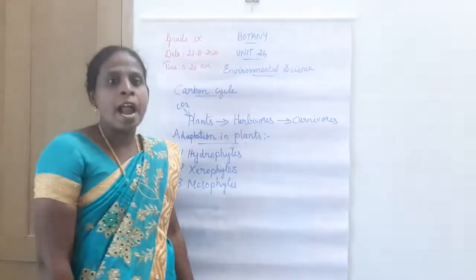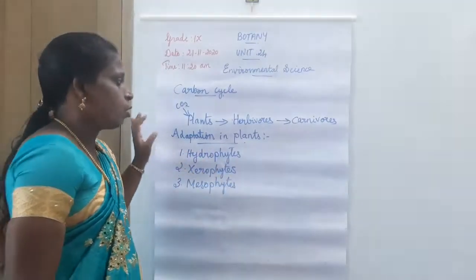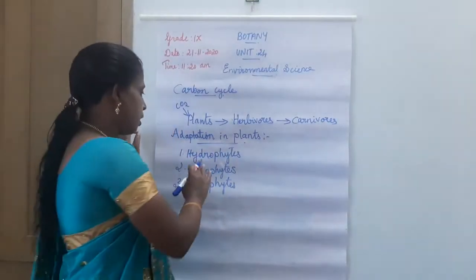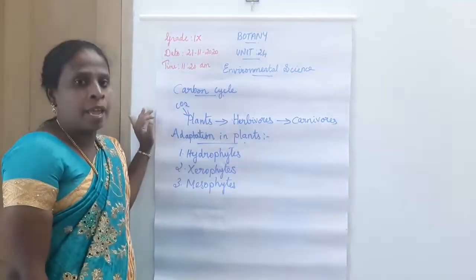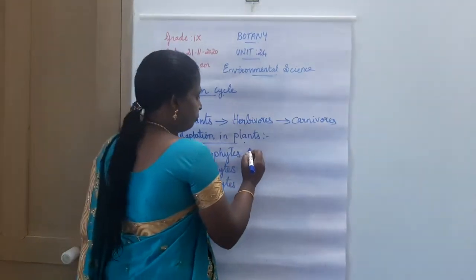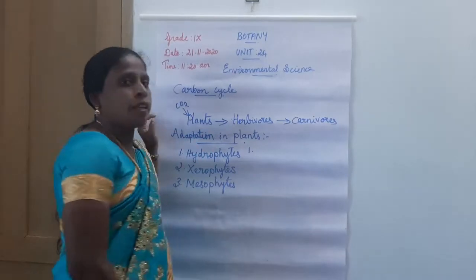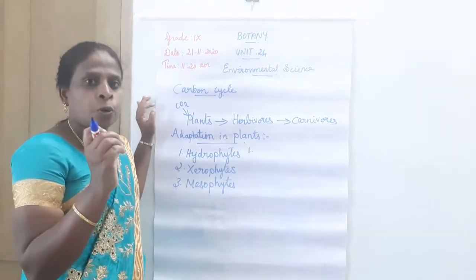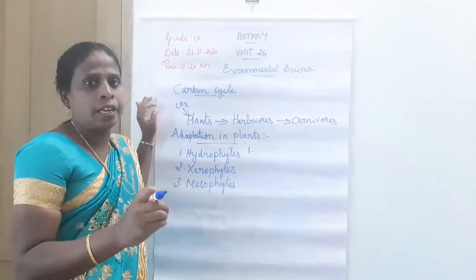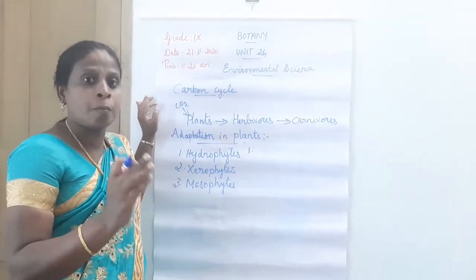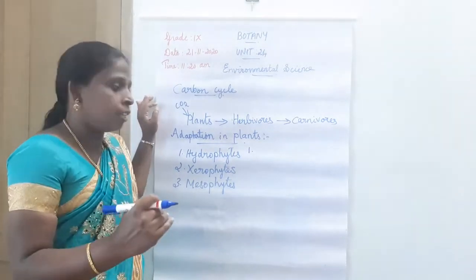Next one is adaptation of hydrophytes. What are the characters present in hydrophytic plants? The first one is the poorly developed root, which is present in Hydrilla. Hydrilla is a submerged plant that lives under the water.